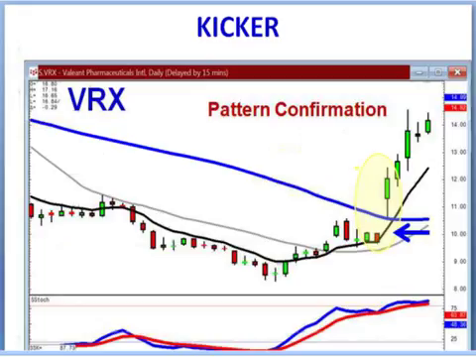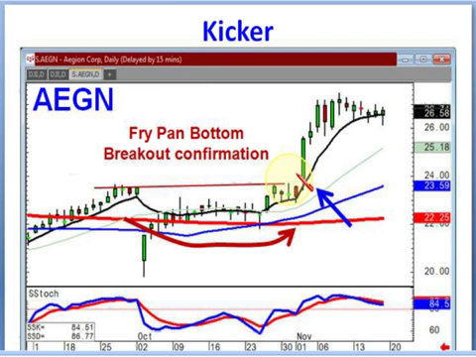Should we wait till the end of the day to know if it formed a kicker signal? No. Remember, just the fact that they gapped up told us that they're probably trading this positive.